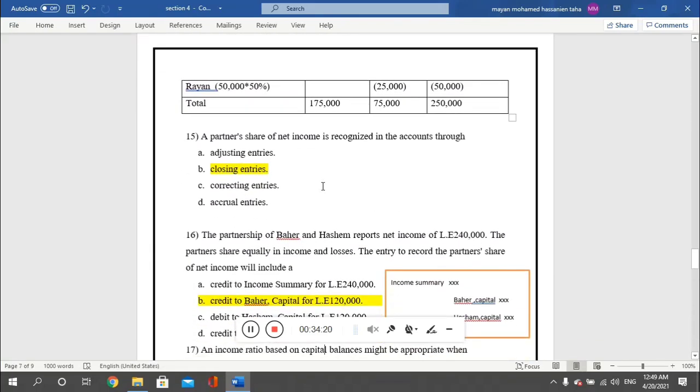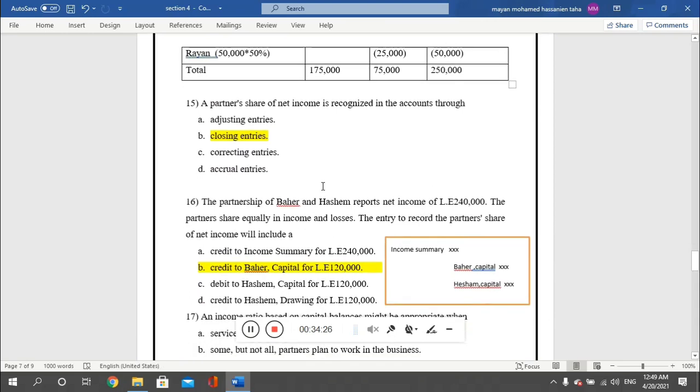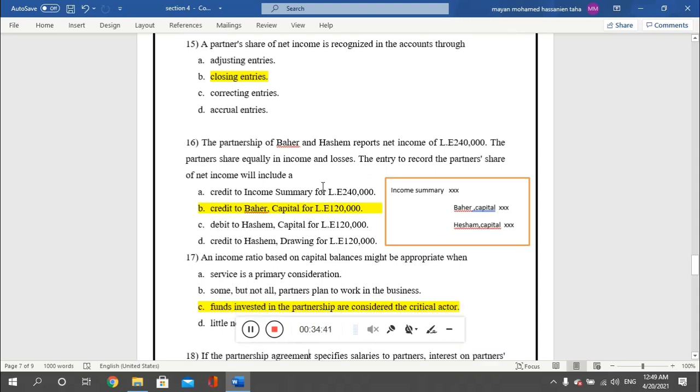Number 15, a partner's share of net income is recognized in accounts through closing entry. Okay. The partnership of Bahir and Hashim reports net income by 240,000 livre Egyptian. The partners share net income and loss equally.